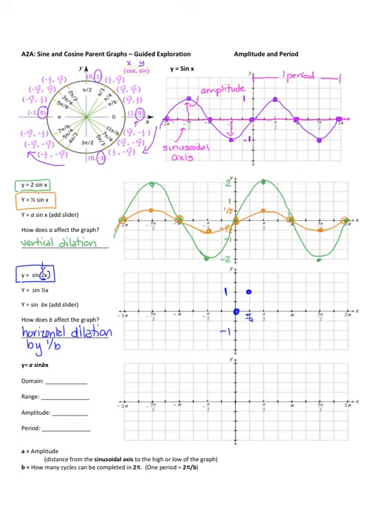And that means instead of at 0, I'm going to be at pi over 2, and then I'm still going to follow my same pattern. So there's one cycle, and then we just keep repeating the cycle. And so notice I was able to complete 2 cycles within 2 pi. That's what that 2 is actually saying.